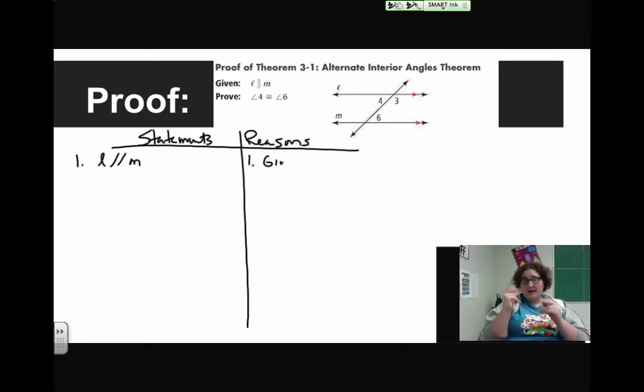That was given. Okay, now the next thing I want to start off with is that angle. Now we can use other theorems to help prove this. So I can say that angle 3 and angle 6 are supplementary.